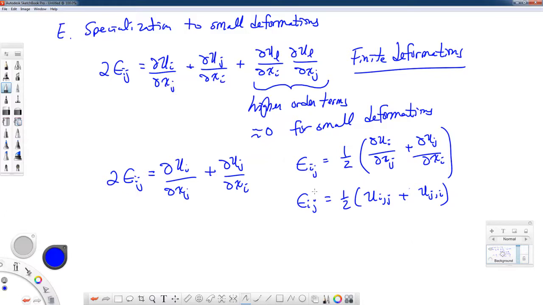So what we're saying is that if we look at our initial configuration and our final configuration, there's not a whole lot of difference but there's enough to be measurable, at least to the first order terms. The higher order terms would go away, and it doesn't really matter if we base our strains on the initial configuration or the final configuration.